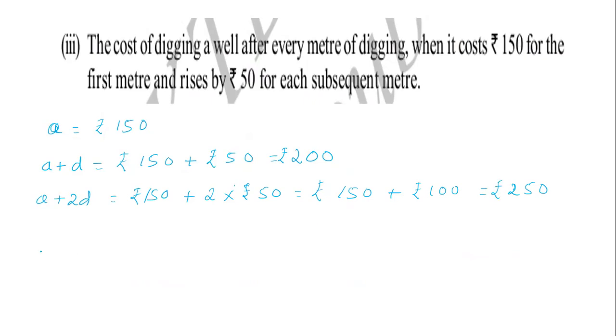Next term is A plus 3D, that value is 300. Therefore, here D is 50.